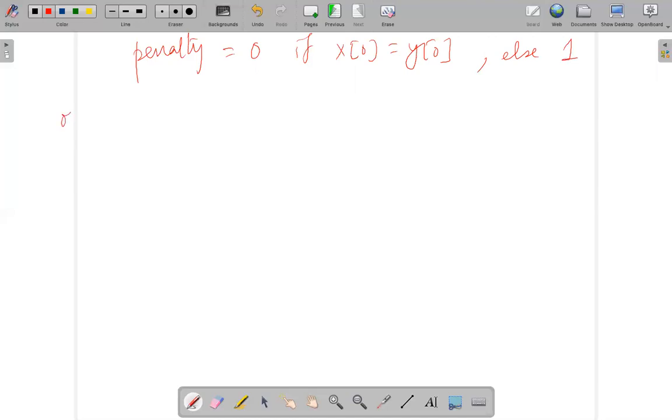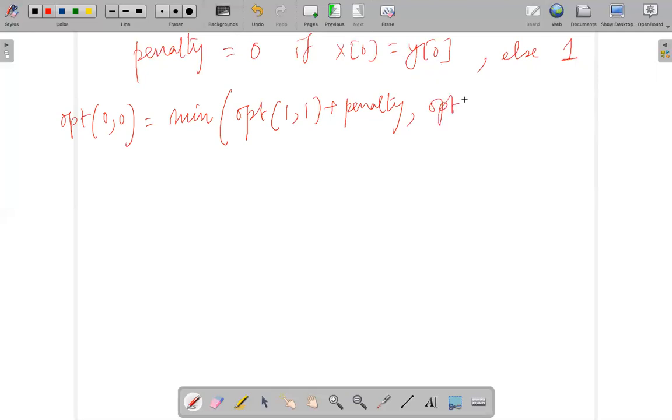So the recursive property to obtain OPT 00 should be minimum of OPT 11 plus penalty, depending on whether x1 is aligned with y1, comma, OPT 10 plus 2, because this is a gap, and OPT 01 plus 2, because again this is a gap.